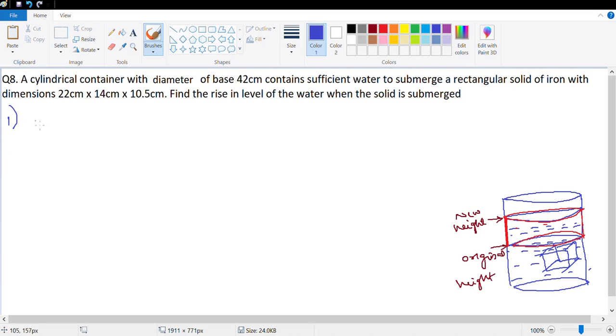Point number 1, volume of iron solid would be equal to increase in volume in the cylinder. So whatever is the volume of the iron, the volume of water in the cylinder increases by that much. So let's first calculate volume of iron.